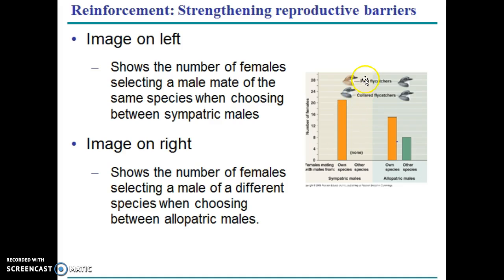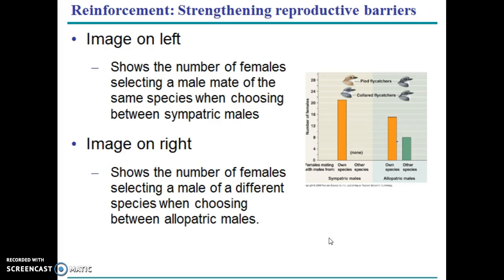One are pied flycatchers, which can have variation in color, and collared flycatchers, which, well, they kind of look the same. The left half of our image here shows us males in a sympatric population, and the image off to the right shows us males in an allopatric population.